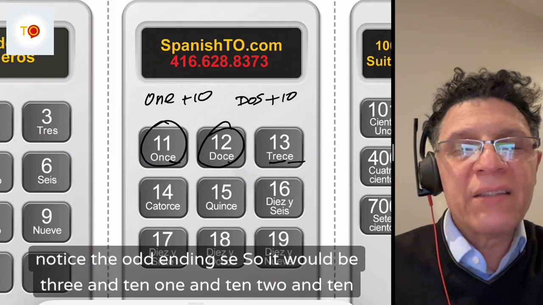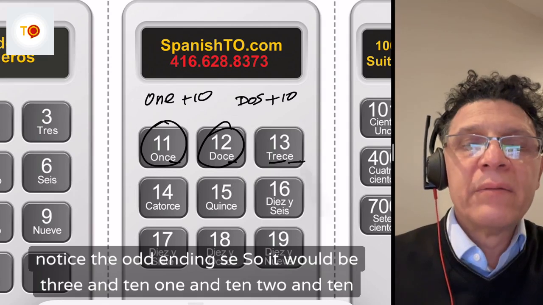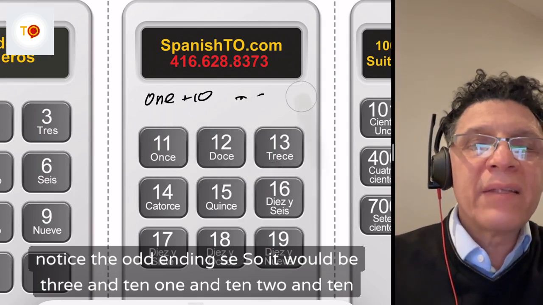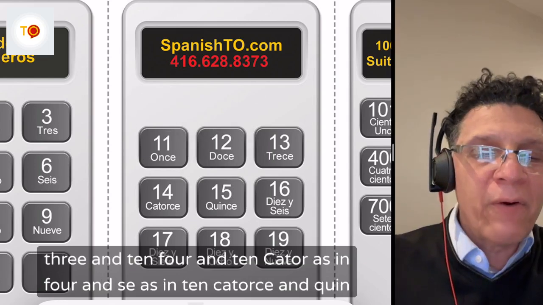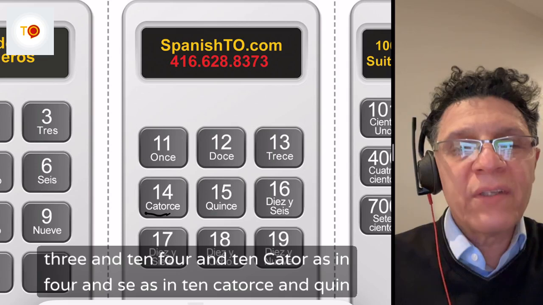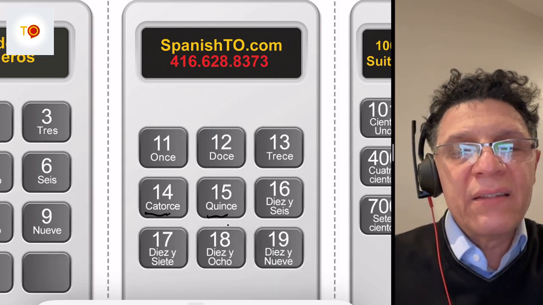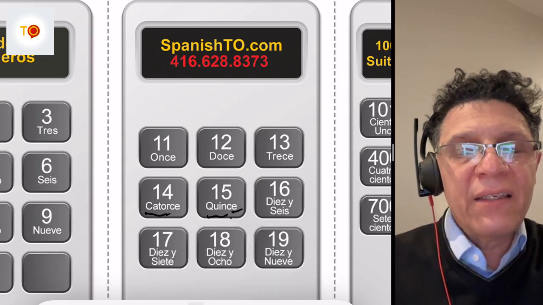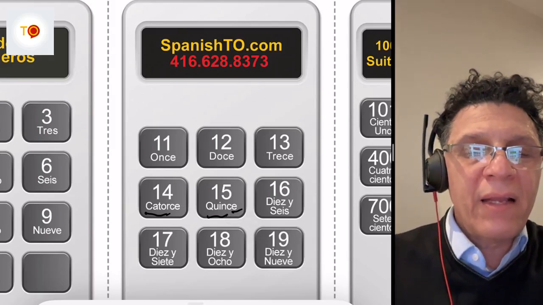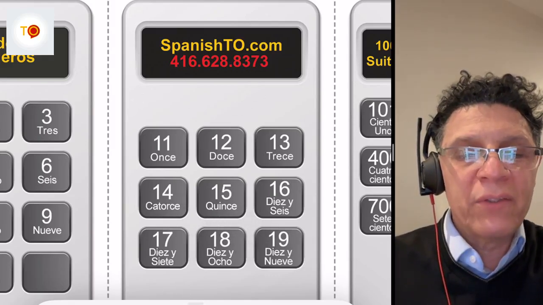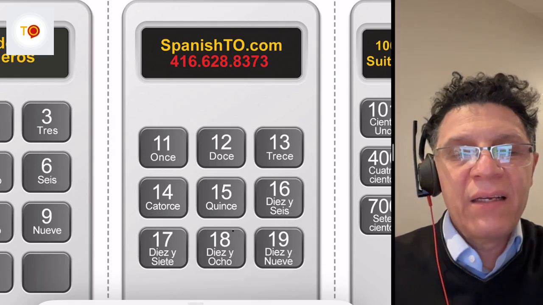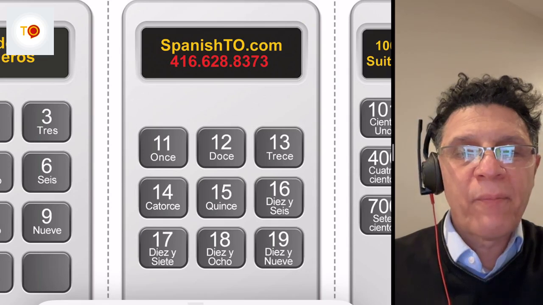Notice it all ends in ce. 14 is 4 and ce as in 10. 15 is quince, it comes from quinca, that's 5, and ce, that's 10. And then after that, you can do the old-fashioned way, which is 10 y 6, 10 y 7, 18, 19.